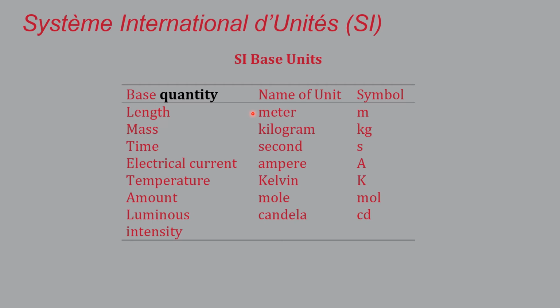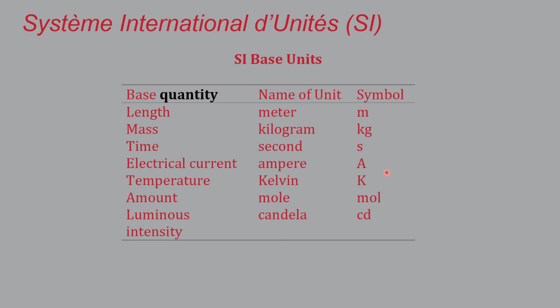It's got 2 scratches in it, and originally the distance between those 2 scratches was the meter, and so on and so forth. So again, be cognizant of the difference between the quantity and the unit that is used to describe it, and that there can be more than one unit that can describe a particular quantity.